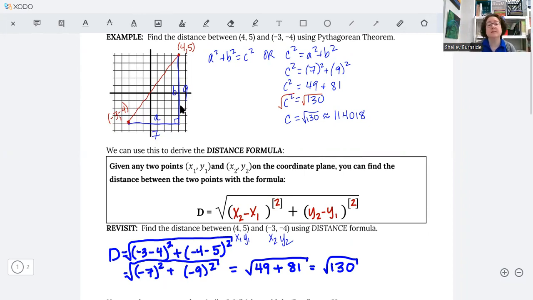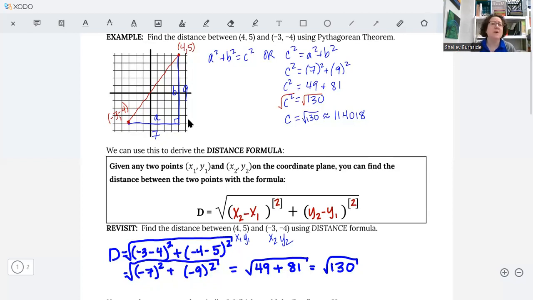And same thing, our distance in the vertical direction, we can find that by just subtracting the vertical values. So the 5 minus the -4, or the -4 minus 5, you subtract, you're finding that difference, or in other words, what the length is between those 2 points on a number line. So in fact, the distance formula is the same thing as using the Pythagorean theorem.